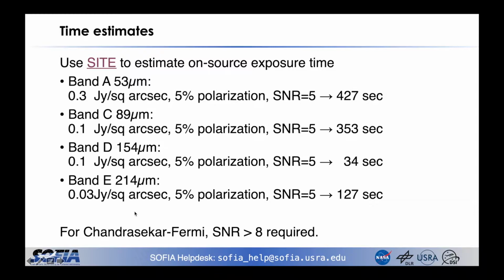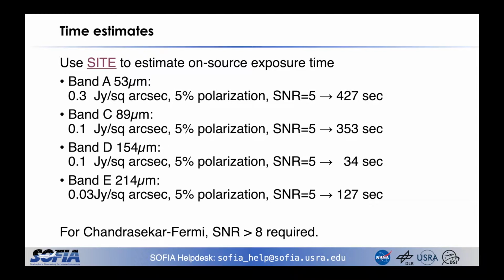fluxes. Now I should point out that if you want to estimate the magnetic field strength from the polarization via the Chandrasekhar-Fermi method, where you look at the variation in the position angle of the magnetic field, you need a high accuracy in the position angle, and that translates to a high signal-to-noise in the detected polarization.